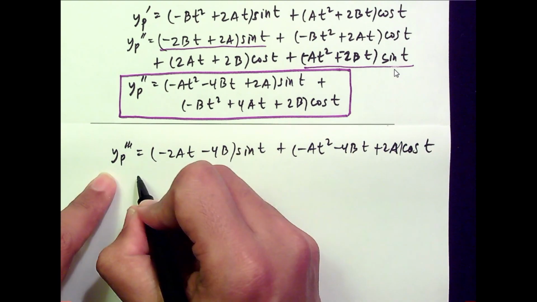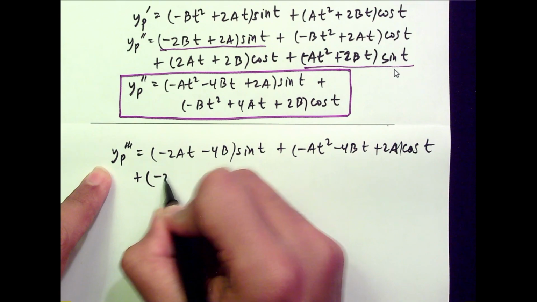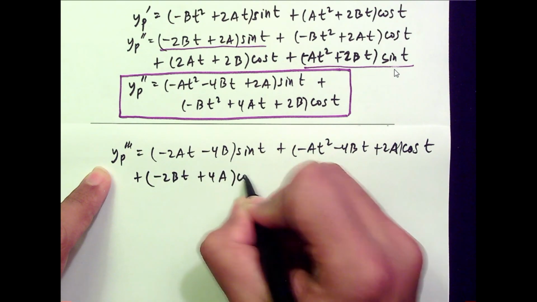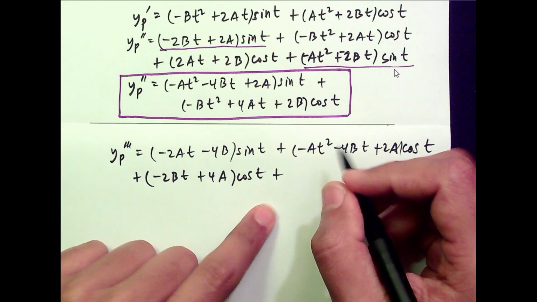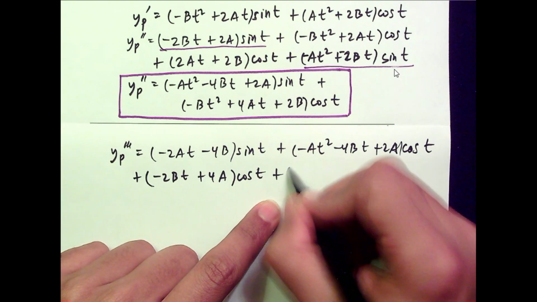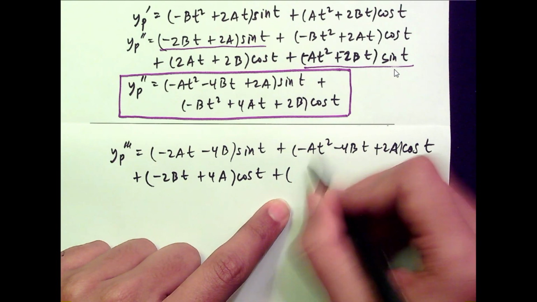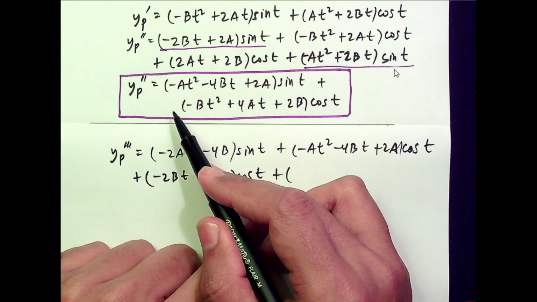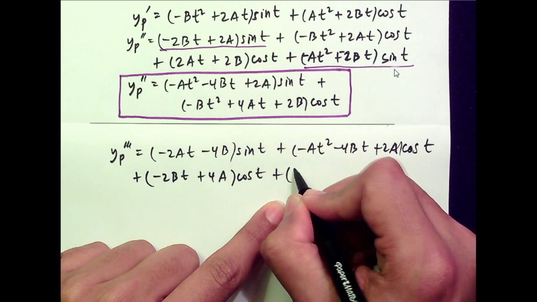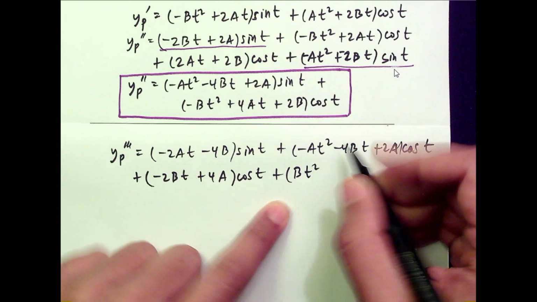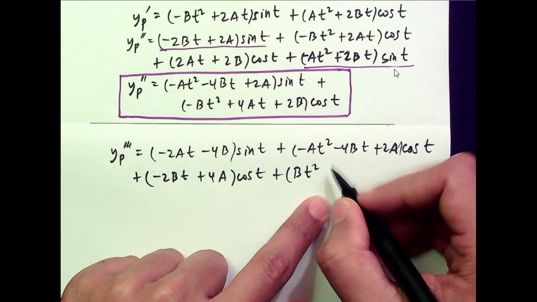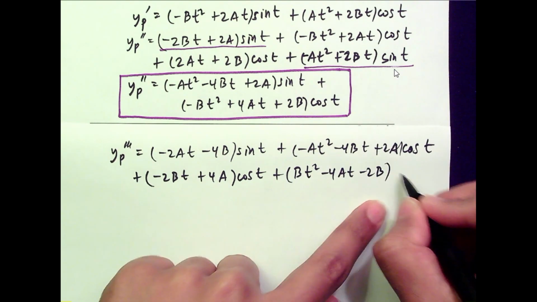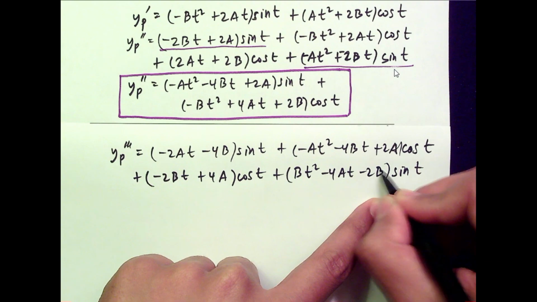Okay, plus the derivative of the first times the second plus the first times the derivative of the second. Now the derivative of cosine is negative sine, so that means there's going to be a negative in front, which we can distribute. So all the signs are going to change, so that's going to be positive t squared minus 4at minus 2b sine.